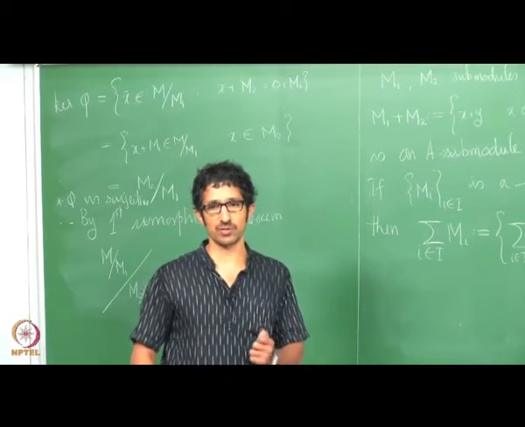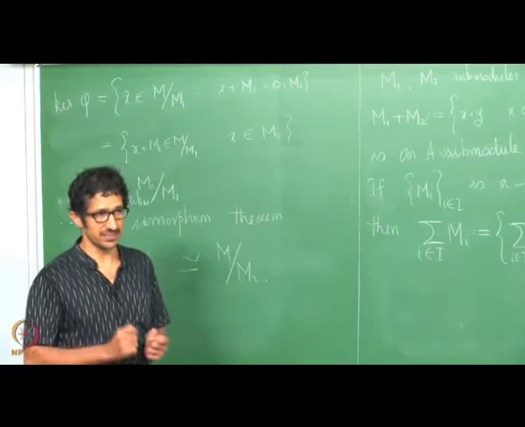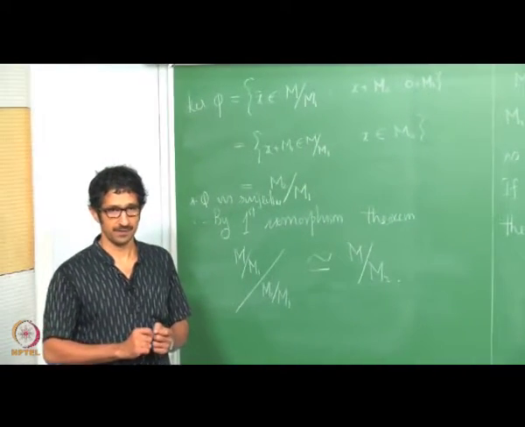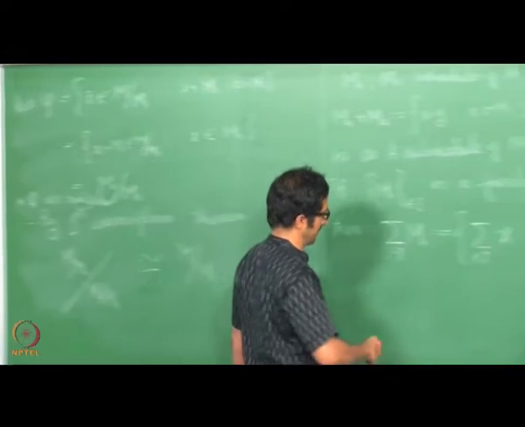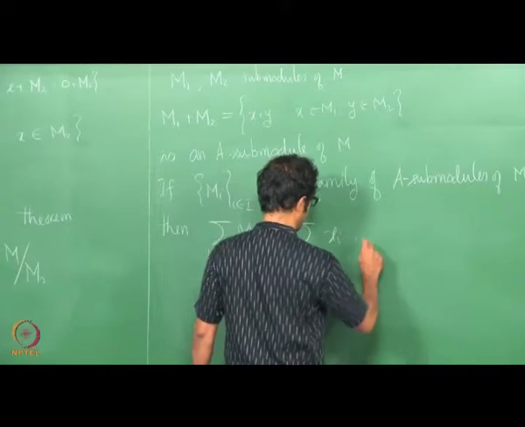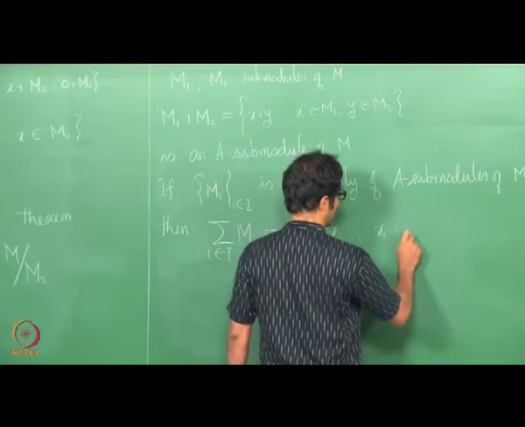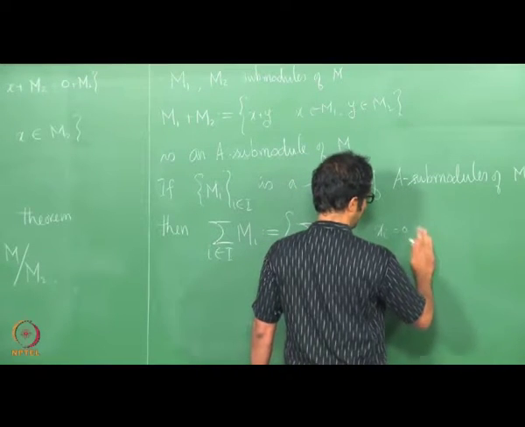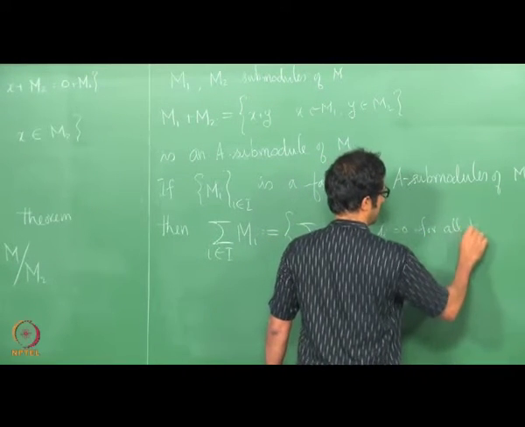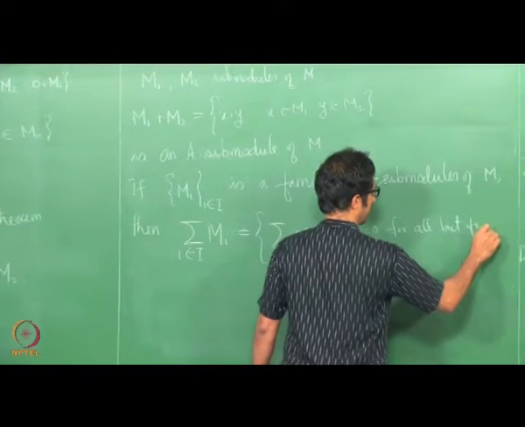We do not talk about infinite addition. Okay. So, therefore, what we say is that x_i is equal to 0 for all but finitely many i.